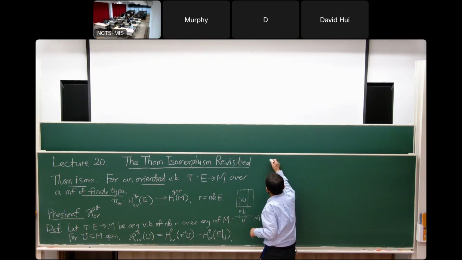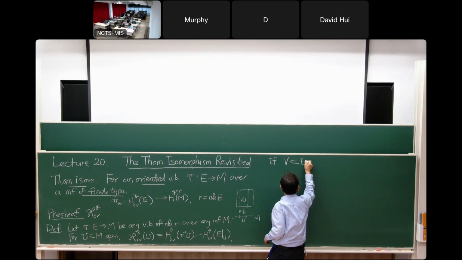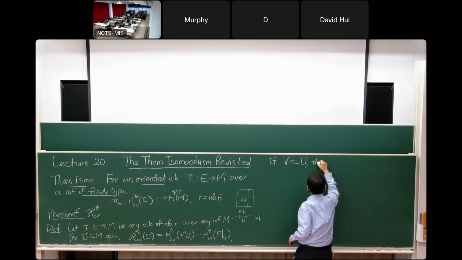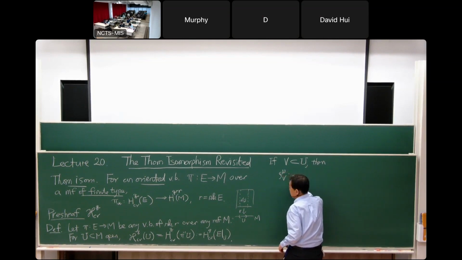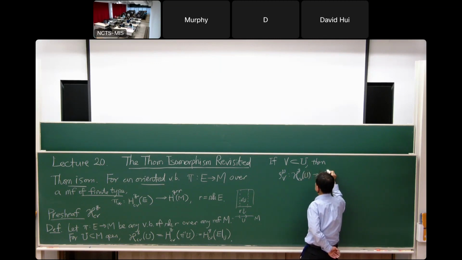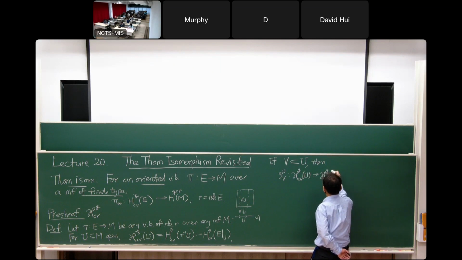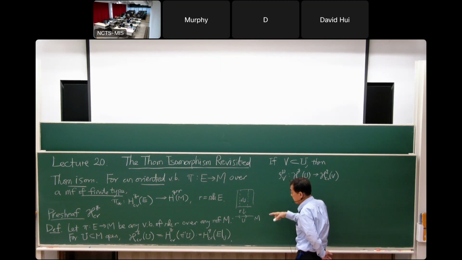So if V is included in U, then you have a restriction map from H^q_cv of U to H^q_cv of V, and that's just the restriction map in cohomology, right?